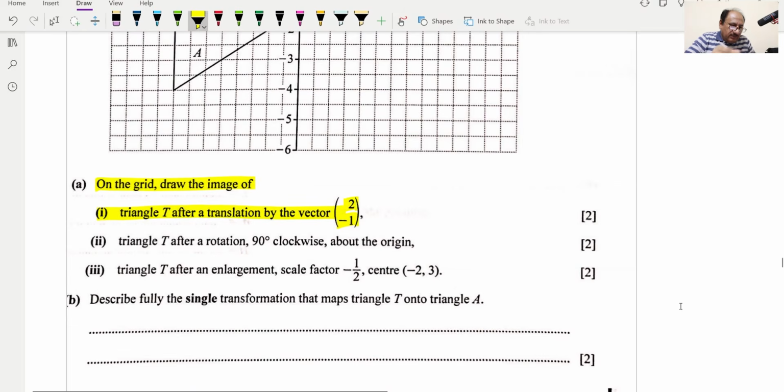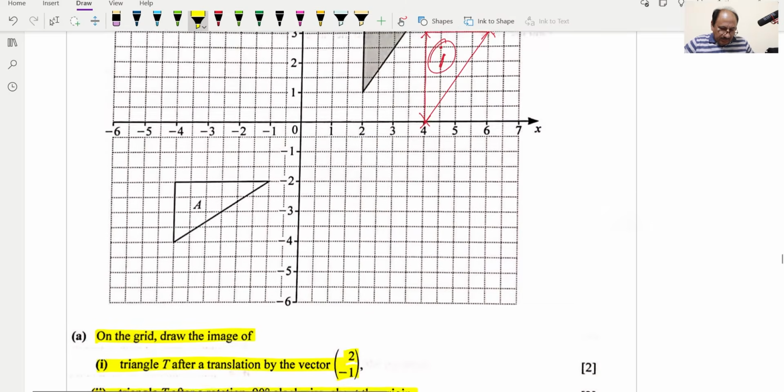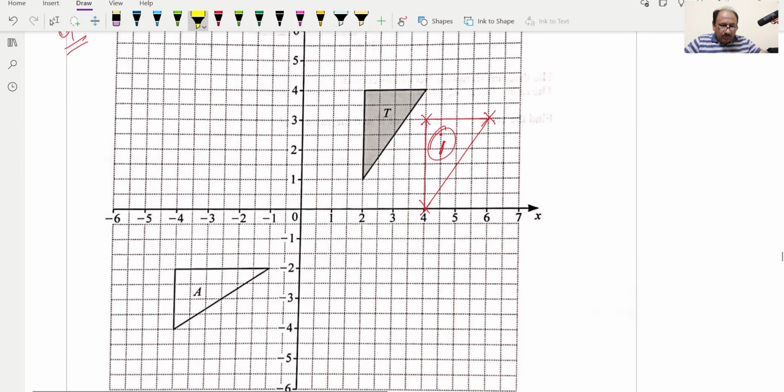And now the second part is saying the triangle T after rotation 90 degrees clockwise about the origin. So if you check this one, this point from here, okay, I will take the other pen. So this one we can rotate 90 degrees.